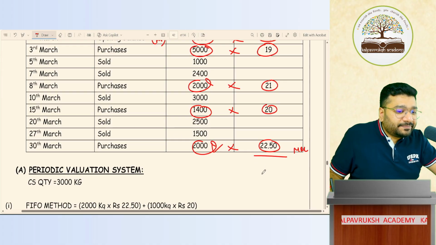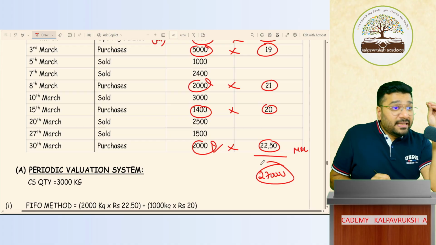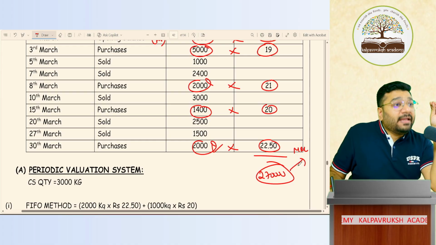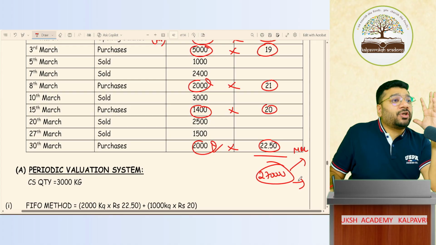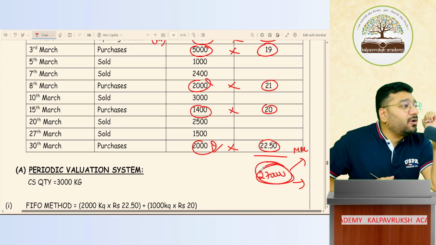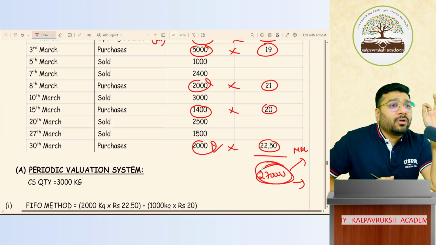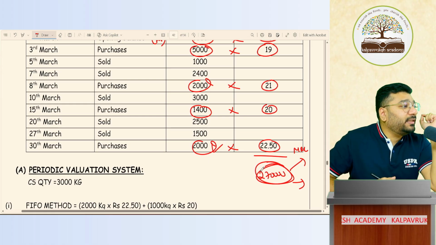How much is it? 2,70,000 is the total cost of purchase. That is, the value of the opening goods and the current year's purchases put together. Total cost of purchase is 2,70,000. Got it?